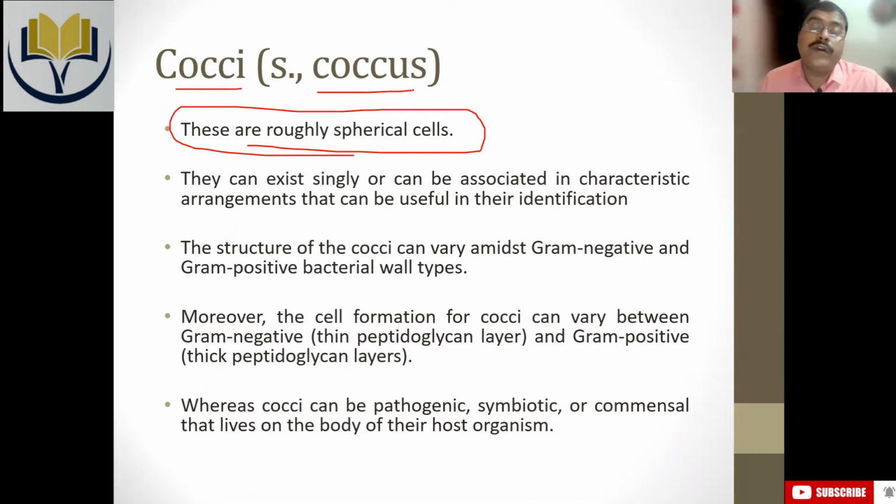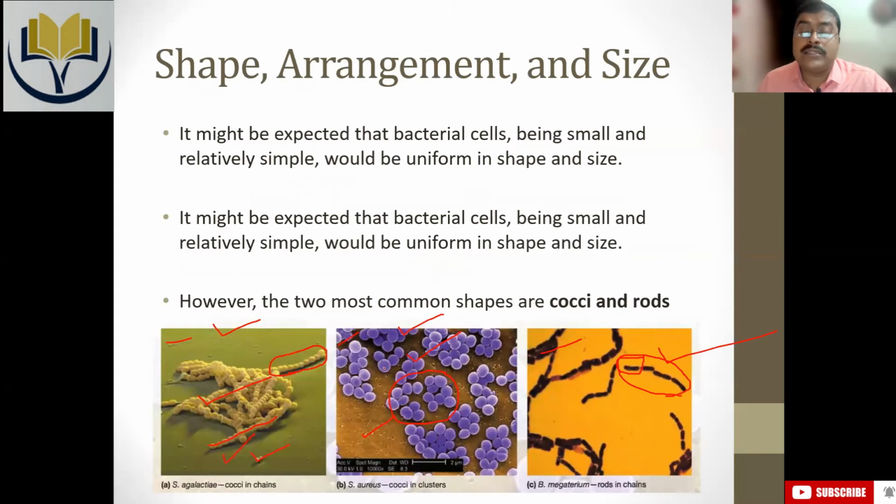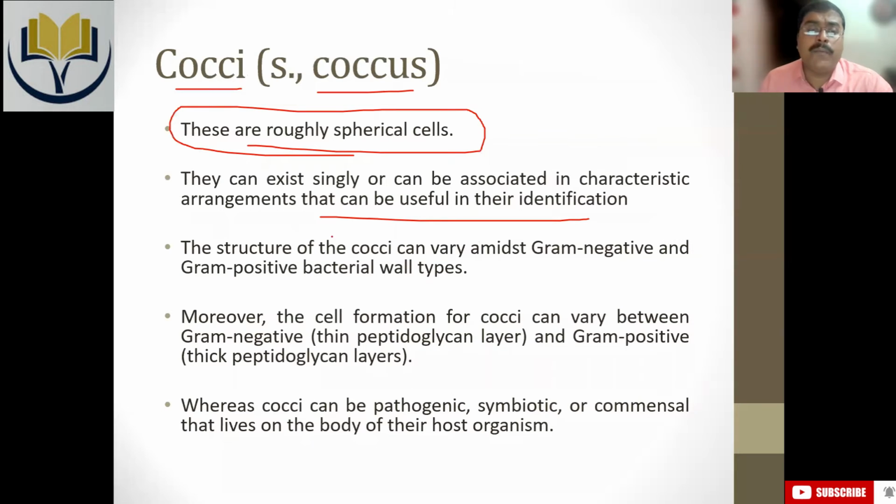Whenever we say cocci, we mean a group or cluster of bacteria. They can exist singly or they can be associated in a characteristic arrangement. If you look at this structure, they have a characteristic arrangement, but they can also be present in a single form. The cocci may be gram positive or gram negative.